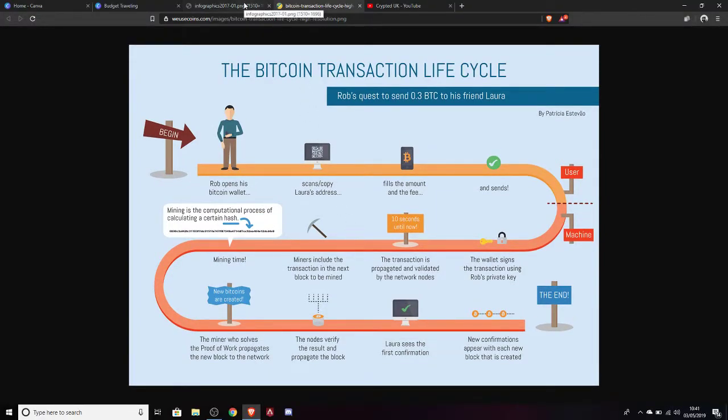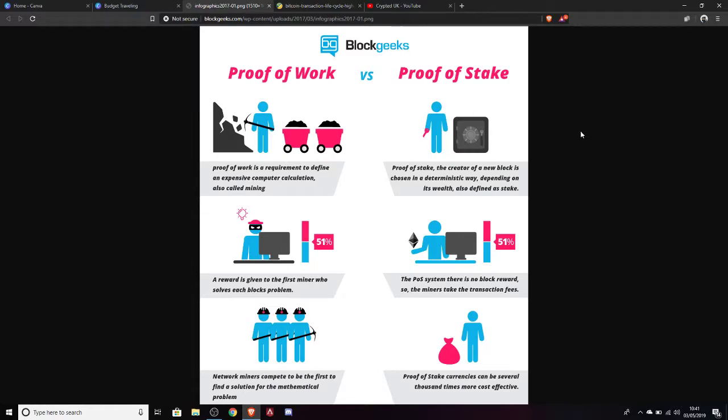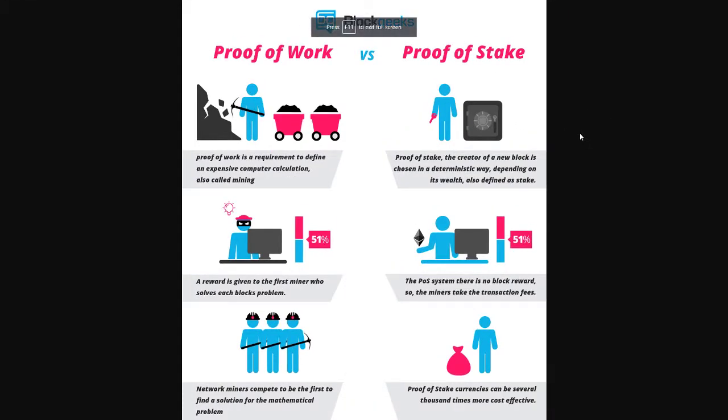I've also got another image to show you. It's basically proof of work, which is like Bitcoin, and proof of stake, which is like Ethereum. So, proof of work is a requirement to define an expensive computer calculation, also called mining, which we just talked about.